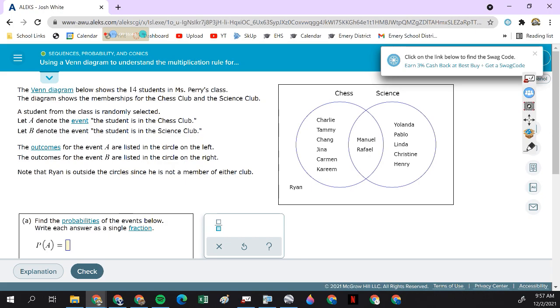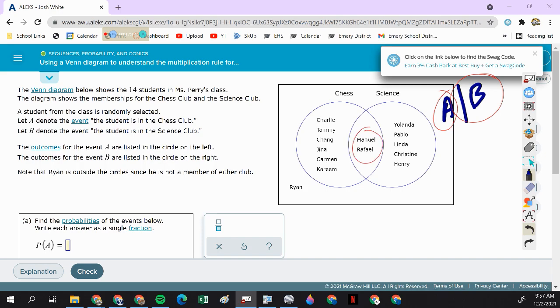So what does A given B mean in this case? Right. So we're only allowed to look at the B's. So we're only allowed to look at the science club. How many people in the science club are also in the chess club? 2 out of 7.